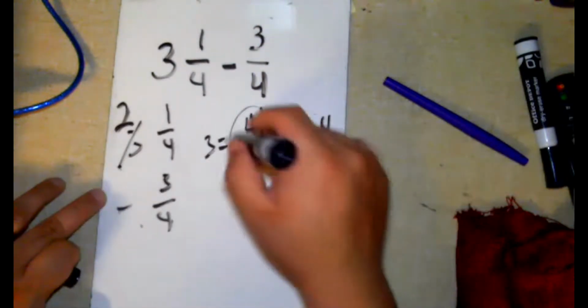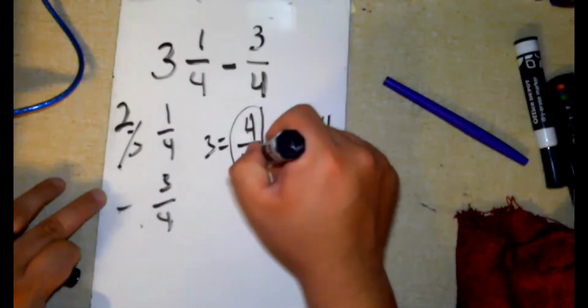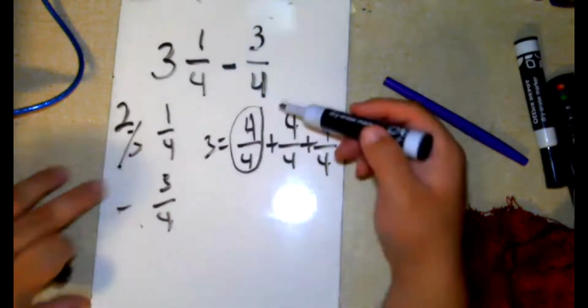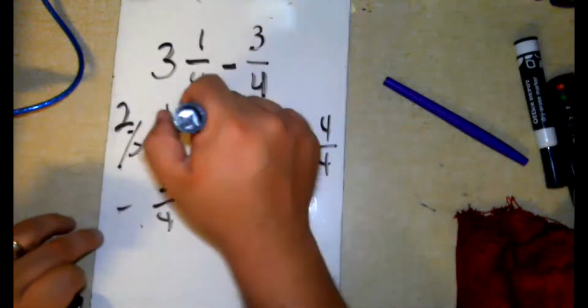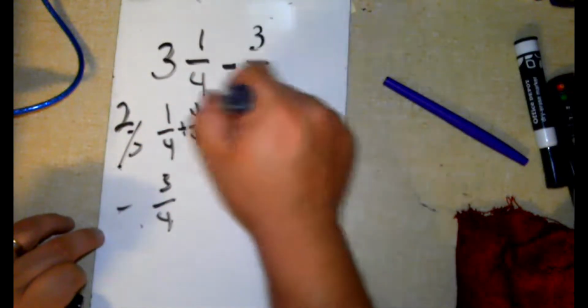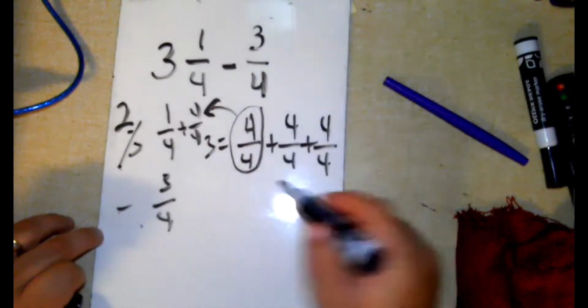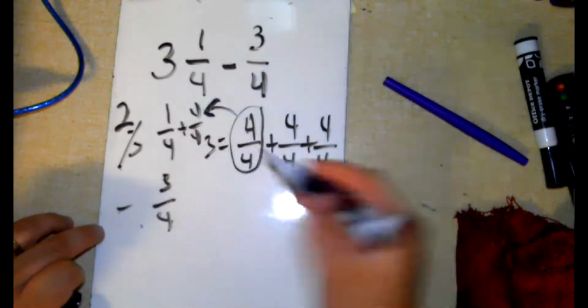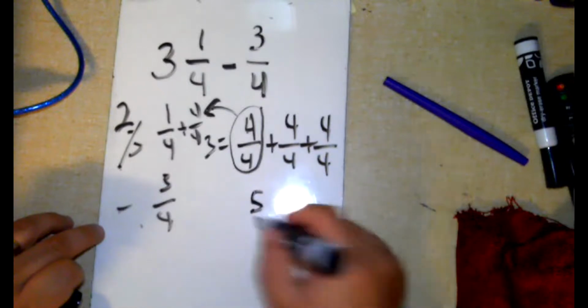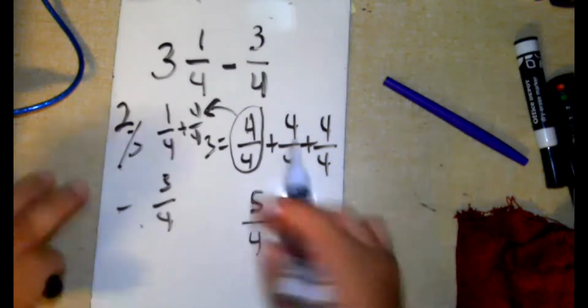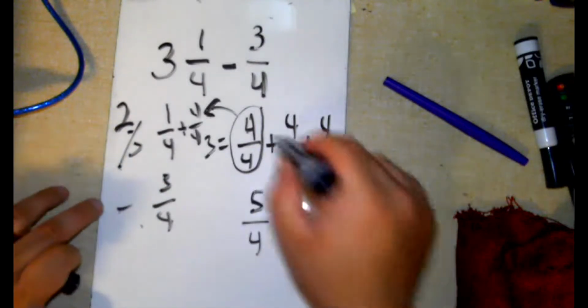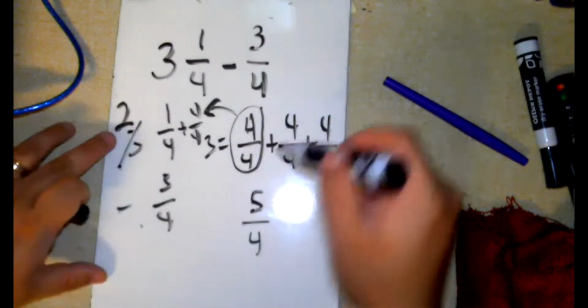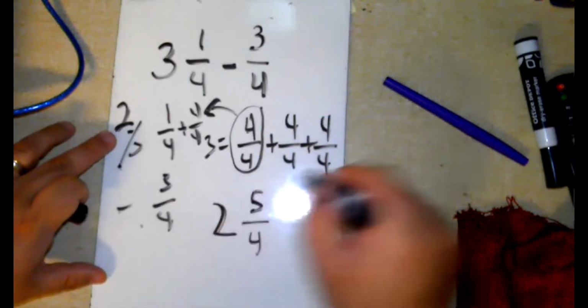And I'm going to take this 4/4 and add it to my 1/4. So what's 1 plus 4? 5. 5 what? 5/4. So keeping the denominator. Okay. And I'm going to bring over my whole number, 2.